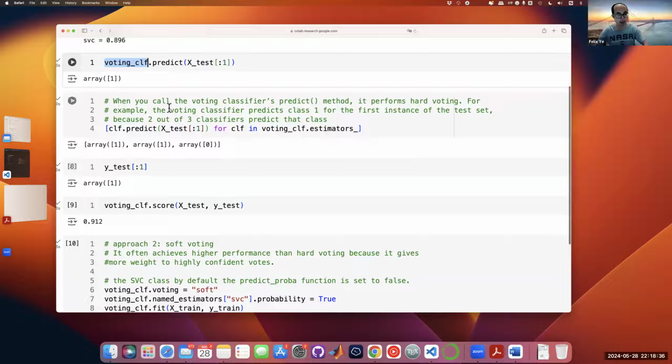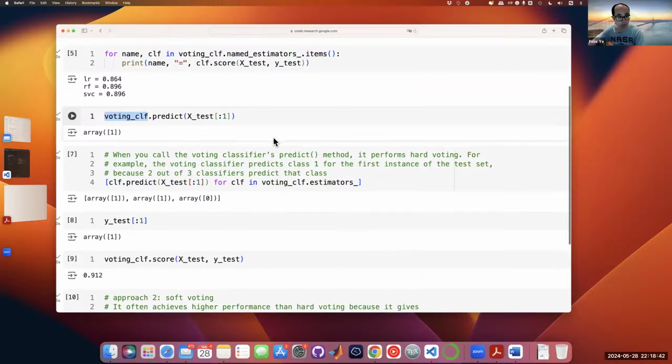And of course, we can check with the result, which is truly 1. So that actually matches. But think about if we were just using the SVM, it would predict 0, and in that case it would be predicted wrong. But fortunately, we have the other 2 classifiers to make this prediction correctly and outvote the wrong result of the SVM.